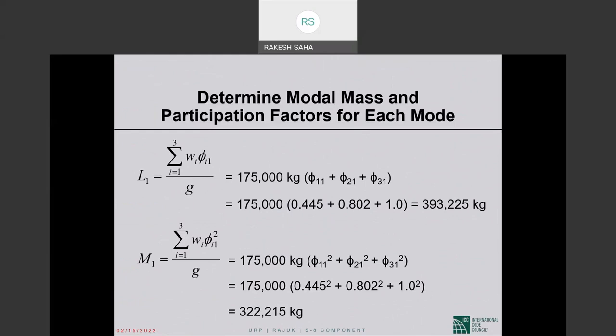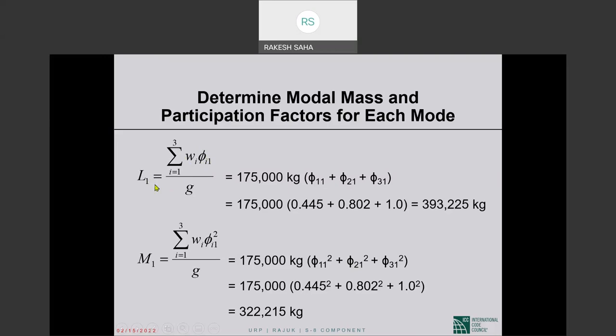So once we have our mode shapes, we will calculate the L and the M. I already forgot the participating something, and the modal mass for each of our 3 modes. Okay, the L is the summation of the weight at a level multiplied by the mode shape amplitude at that level, and that quantity is summed over all the levels.